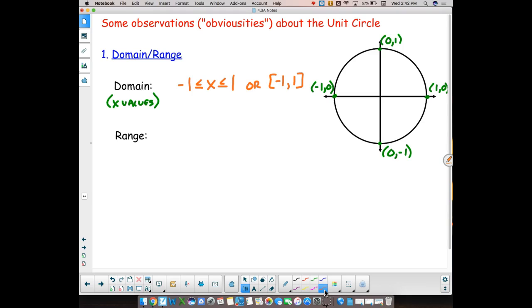I would agree, because left and right, so I'm looking at the circle, it goes all the way from negative 1. It doesn't stop until it gets to positive 1. There's no breaks, there's no gaps, there's no stoppages in it. So if domain is x values, what's range then? Y values. Okay. And what would the range be of the unit circle?